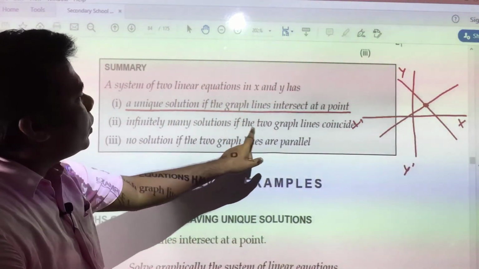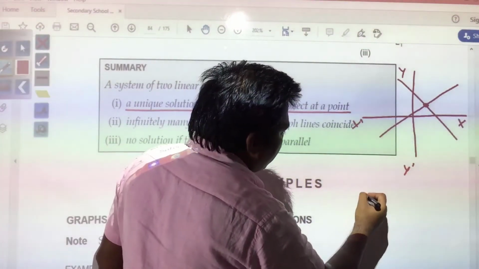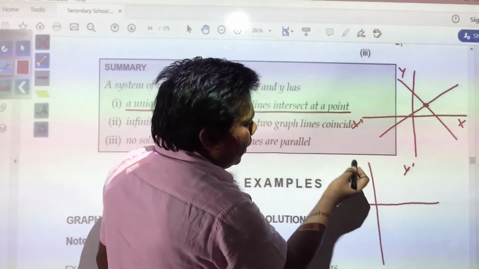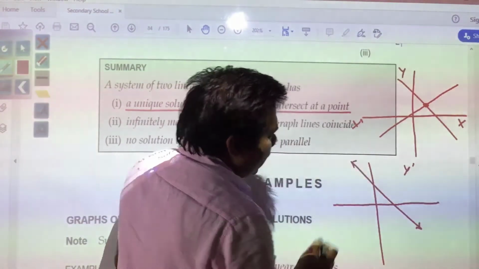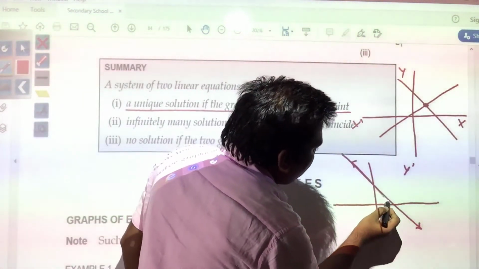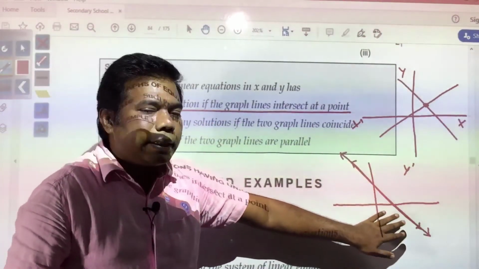Infinitely many solutions if the two graph lines coincide. Here you see, suppose you have the x axis and the y axis, and the equation of the first line, and the equation of the second line also coincides, overlapping in the same place.